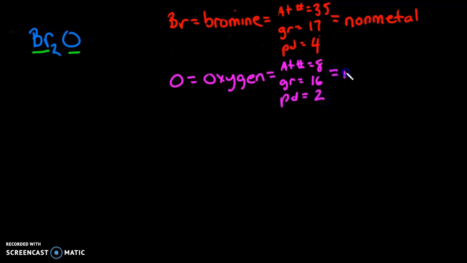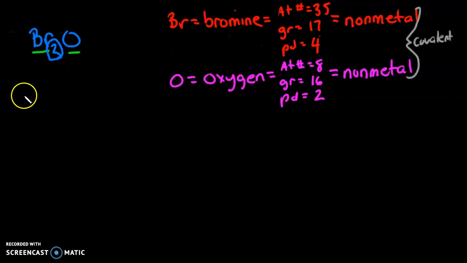So this one is also a non-metal. So I have a non-metal and a non-metal, which means I am working on a covalent bond. Okay, for covalent, I have to use the prefixes. So my first one, Br, has a number of 2, and 2 is di.